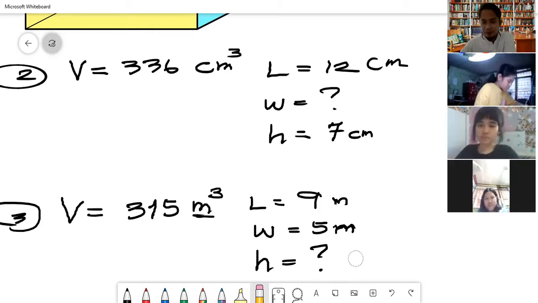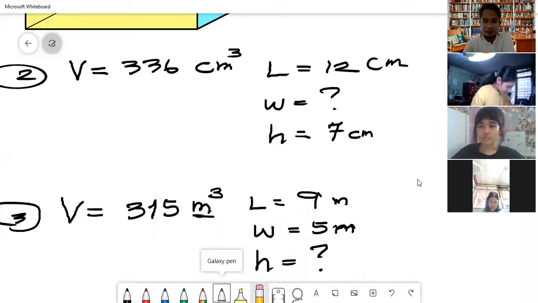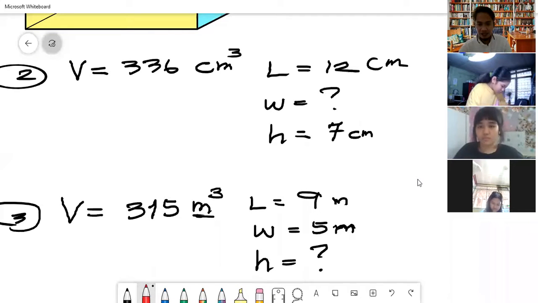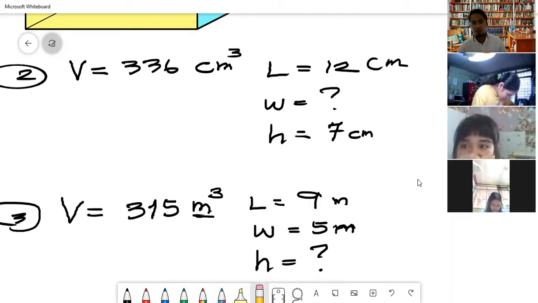You put M here. The same process: multiply, divide, like that. For example, here, that is 315 over 9 times 5. So the same process.